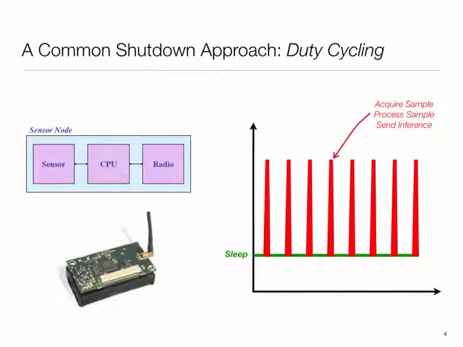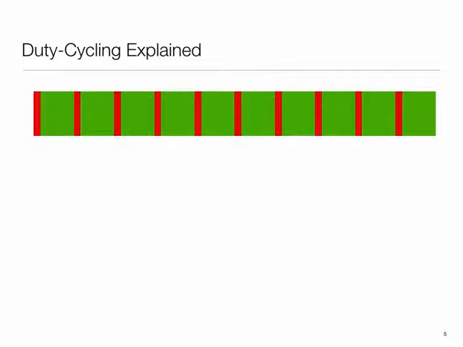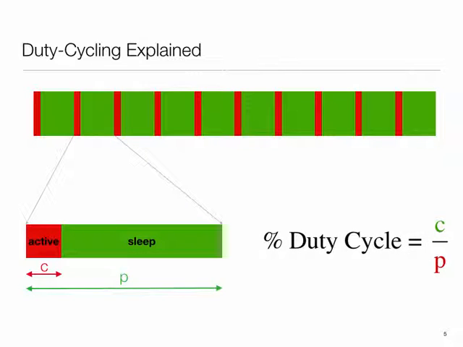So that's the duty cycling idea in very simplistic terms. If you look at duty cycle, within each frame we have an active period and a sleep period, and the percentage duty cycle refers to how long the system is active divided by the total time, so sleep plus active time. The notion is that for these applications the duty cycle can be quite small, from an application perspective.